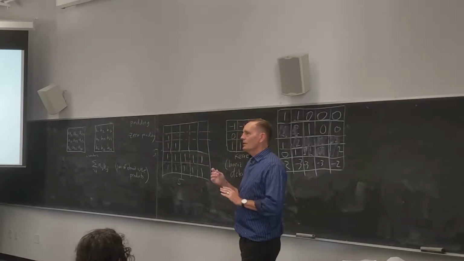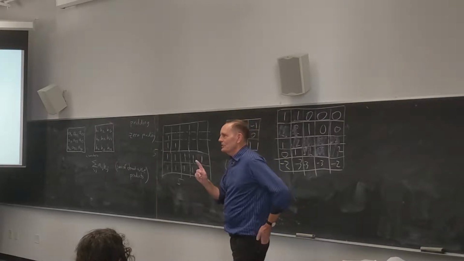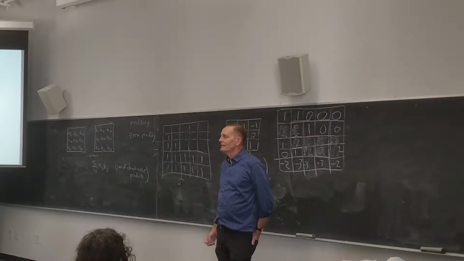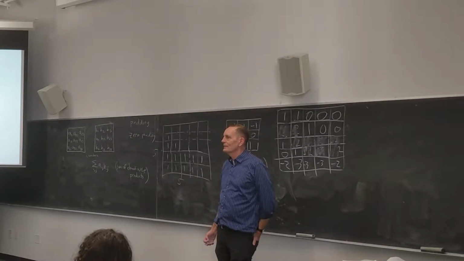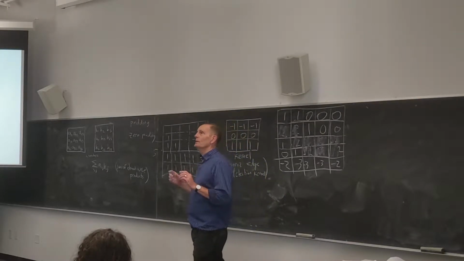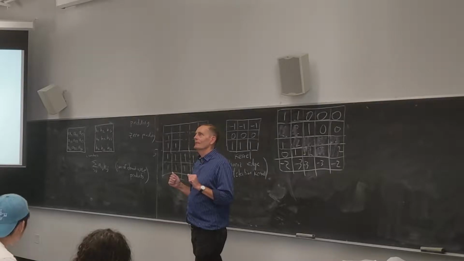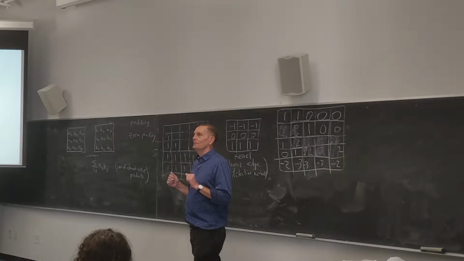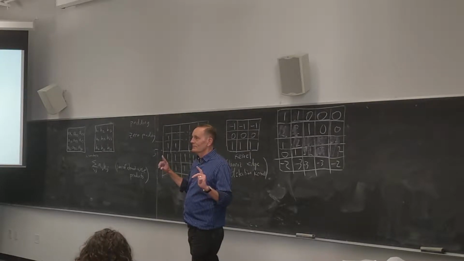Okay. So we've got ourselves now one horizontal edge detector. Why do we choose the kernel of size 3x3? Why 3 by 3? So we can make bigger ones.